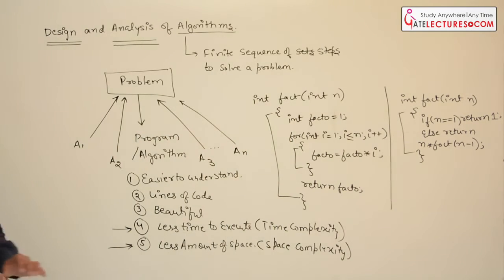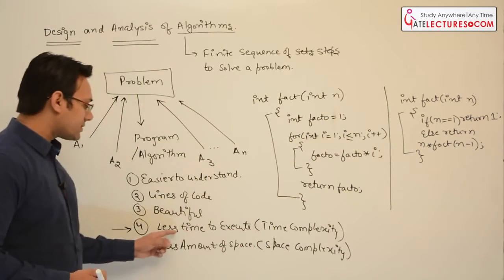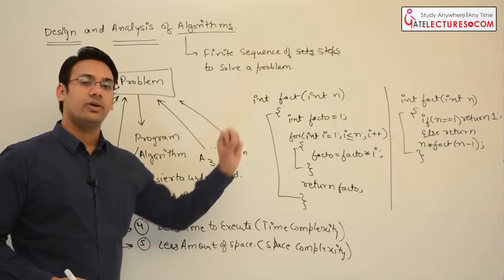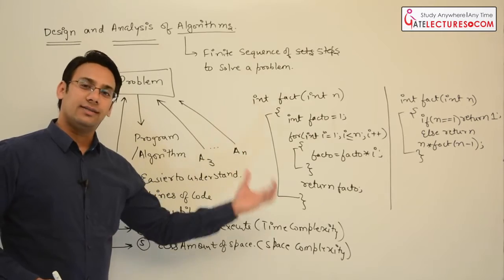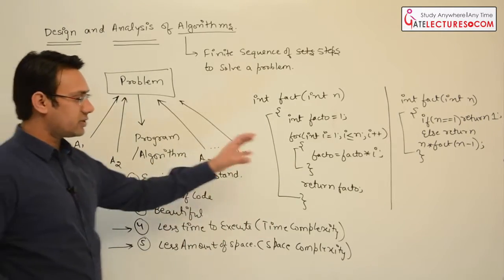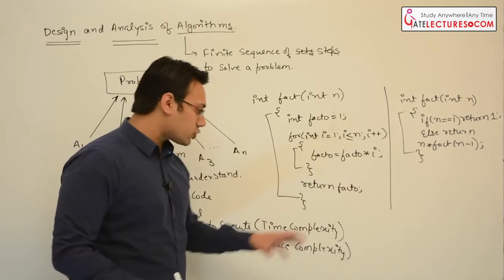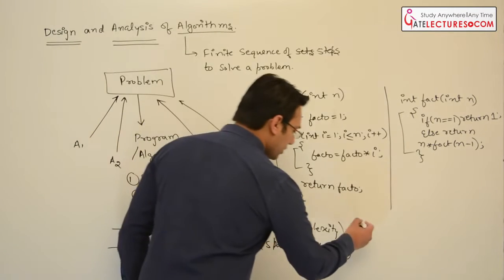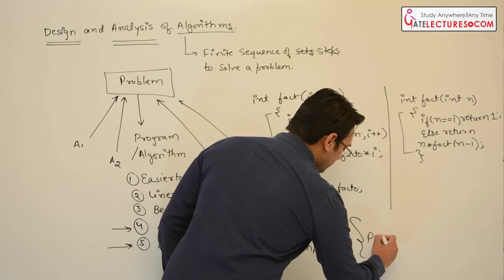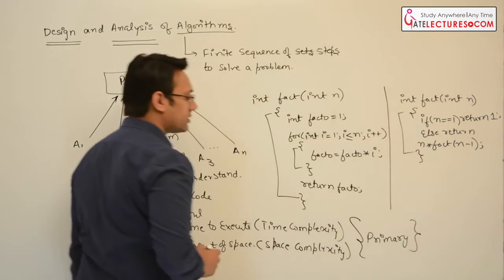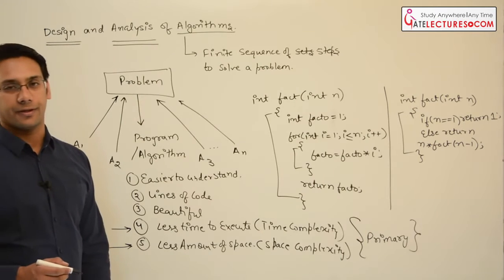Okay, now when I am saying time complexity, that means less time to execute: which of these two programs has less time complexity. And whichever takes less space will have the lesser space complexity. These two are our primary metrics, our primary measures, to check which one of these programs is better.